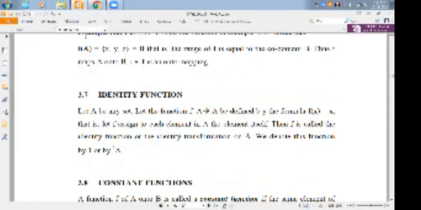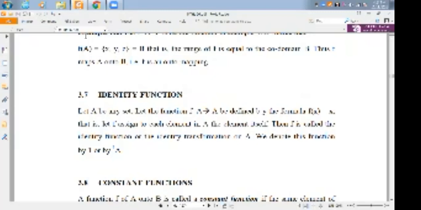Inverse function or identity function. Identity function, which you can also call identity mapping. So you say by what we have in the note, let A be any set. Let the function A to A, that is when you have a set A being mapped to itself, is what we call identity mapping. You have a set A on the left-hand side and you have a set A on the right-hand side.